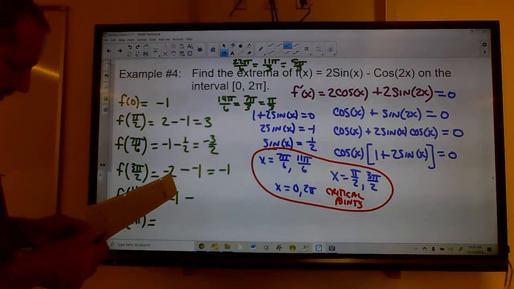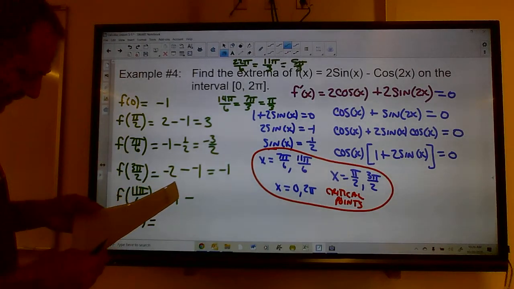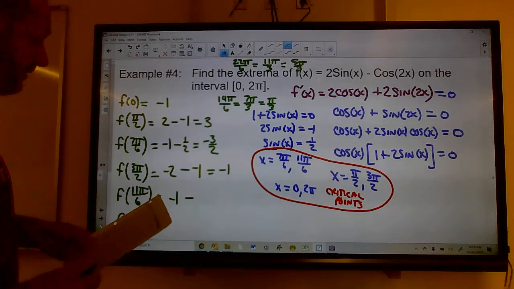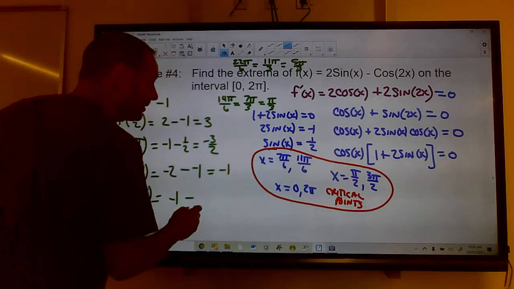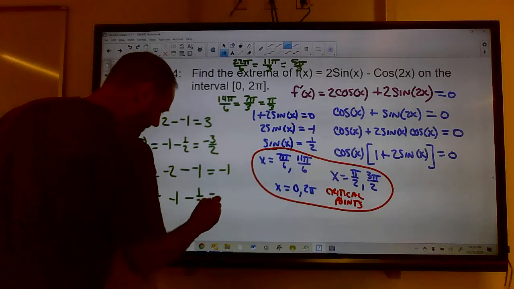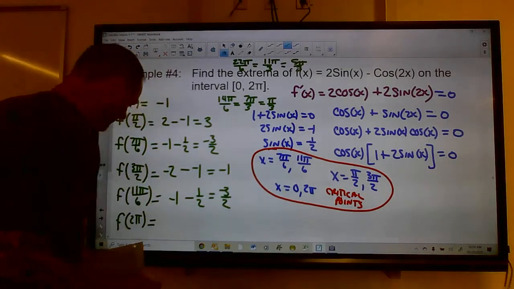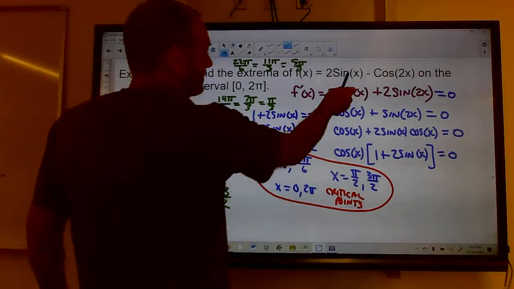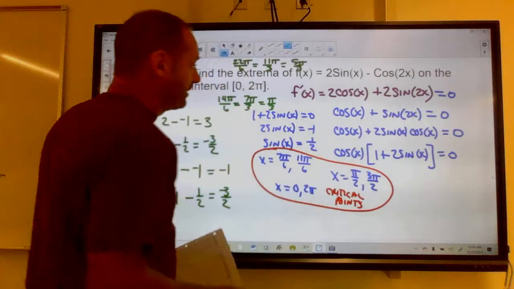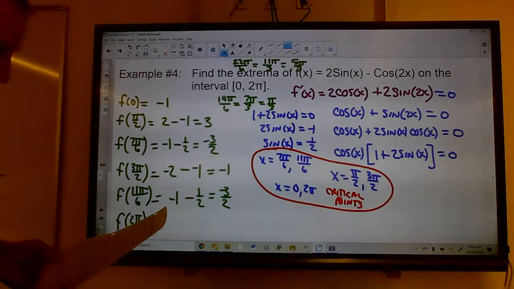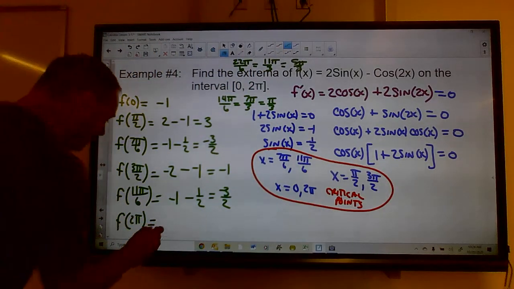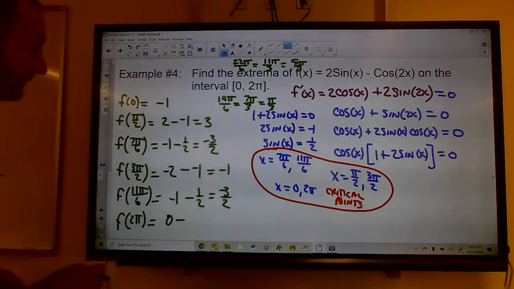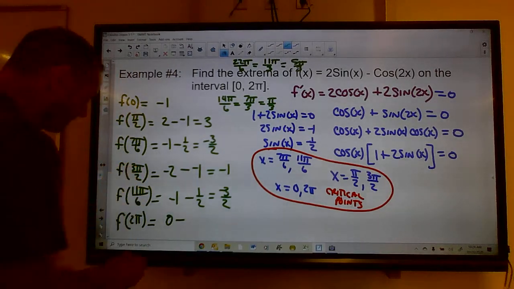Okay, so cosine of 5 pi over 3 is going to be 1/2. This is minus 1/2, so this is negative 3/2. And then 2 pi, so that would make this 0. That'd be cosine of 4 pi. So that'd be 0 minus 1 would be negative 1.